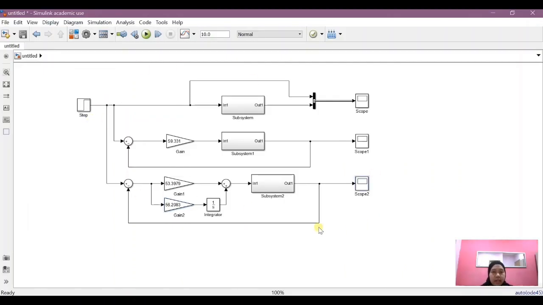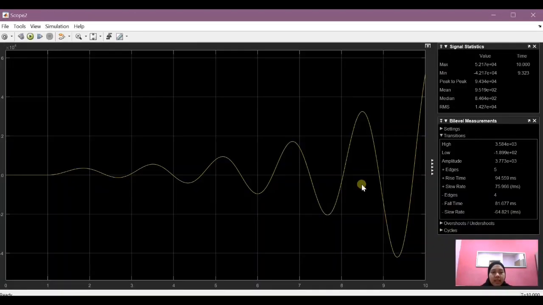Okay, so this is our PI controller block diagram. This is the value for the Kp for PI. This is the value for the Ki for PI. So the step we also use this 1500 RPM. So we will run this simulation and then we will get this graph.